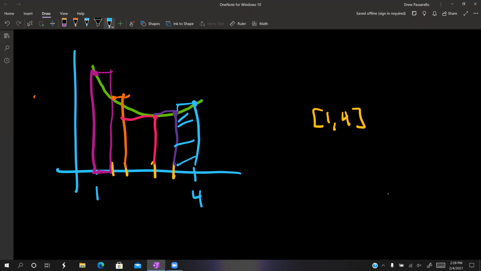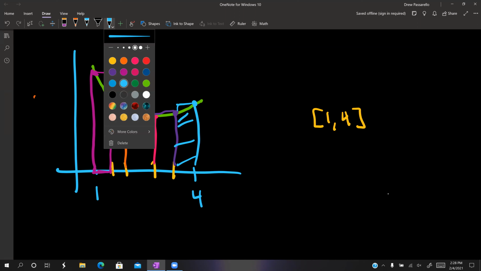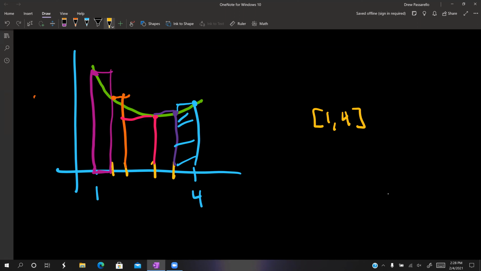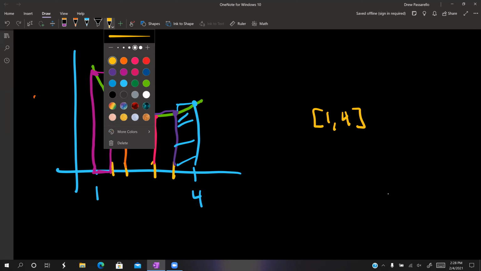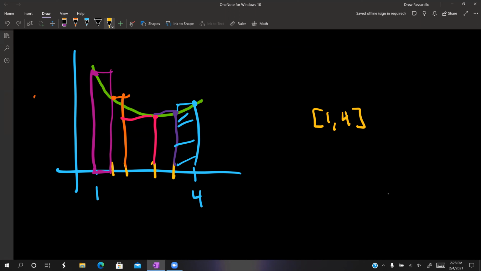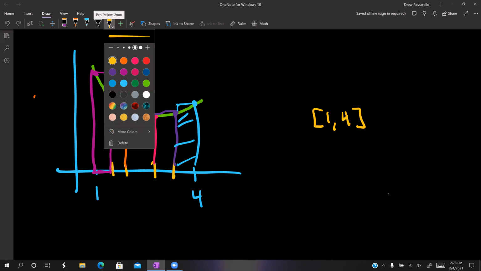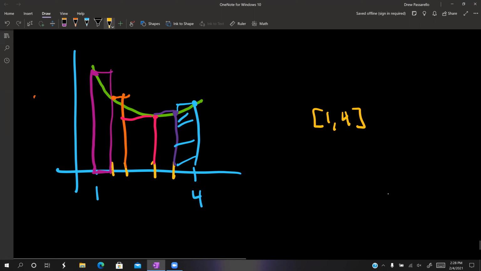So I've broken it up into these different rectangles, and each rectangle has a width and a height. To get the heights of the rectangles, I choose a value in that subinterval.